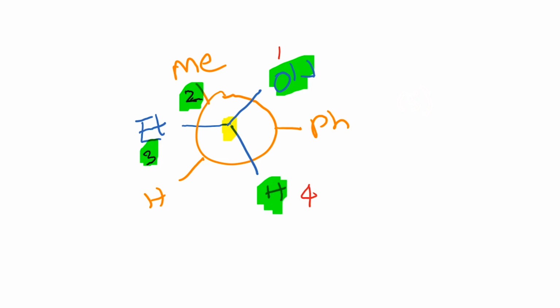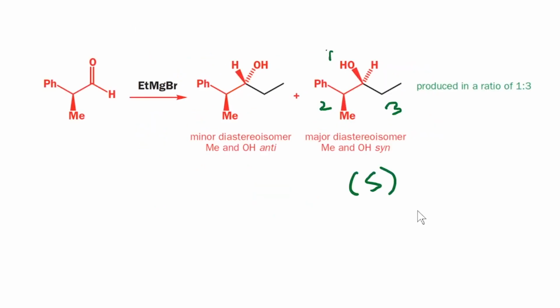If I look at it from this direction, the hydrogen is remote to me, and it is an anti-clockwise direction, so I'm assigning this as S. Again, please go back and double check this and make sure that you're getting the answer correctly. Based on this, what I would predict is that the major product is the S compound as shown here.